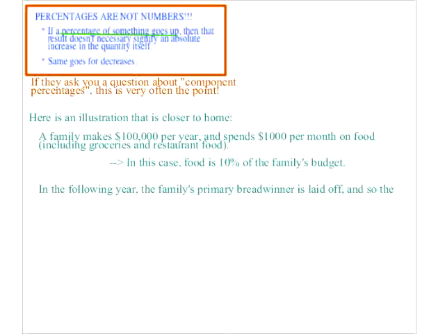So the family cuts back on its food spending, actually to 12% because this is per month. So this is 12,000. This is 12,000 for the year. That's what I'm. Sorry about that.